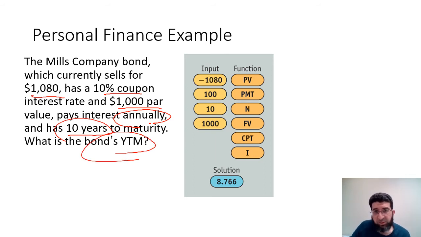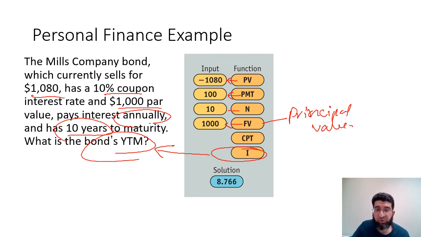Now YTM is calculated as the interest rate. So this is what we will call YTM. You can see that the input functions are present value, we enter as 1080, PMT, which is annuity, 100, N is 10 years, and then we have the future value, which is 1000. This is the principal amount that we will receive at the end, at the maturity.